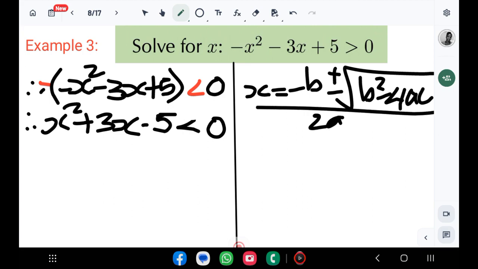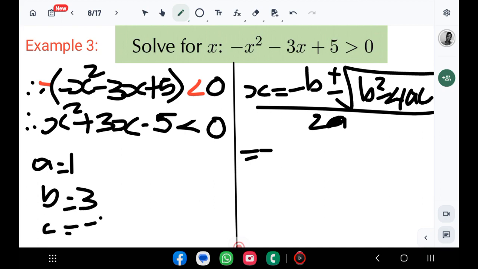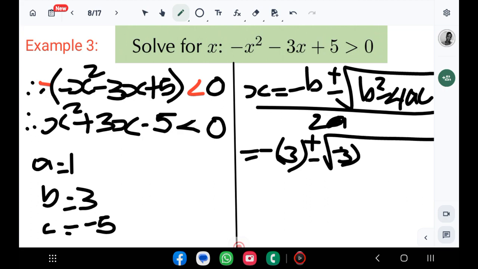Here a is equal to 1, b is equal to 3, c is equal to negative 5. So that is minus 3 plus or minus the square root of 3 squared minus 4 times 1 times negative 5, all over 2 times 1.